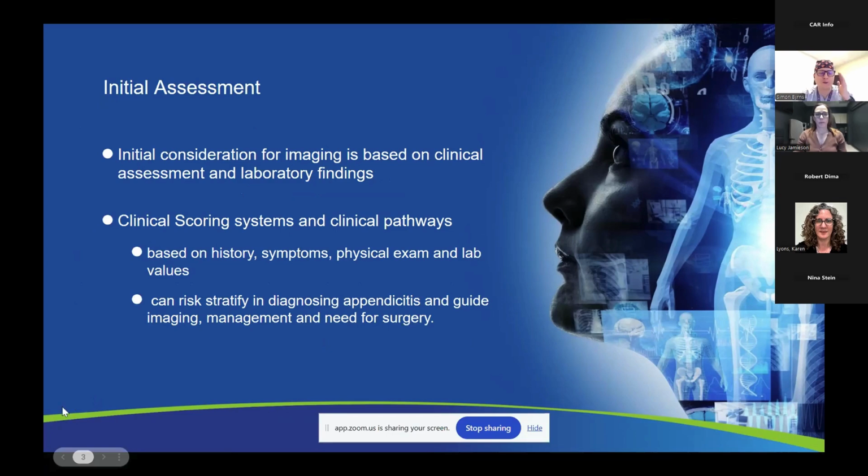Hi, good afternoon, everyone. Very briefly, we'll just go over some of the clinical context of us requesting imaging. I'm hoping all of the physicians who are referring to us as surgeons are following some form of a pathway. But in essence, as with everything, it should start with a complete history and physical.